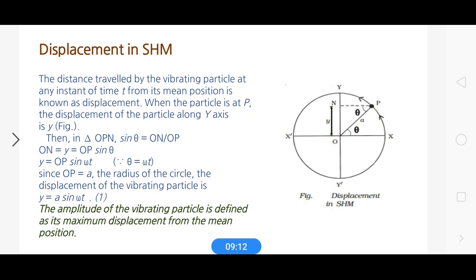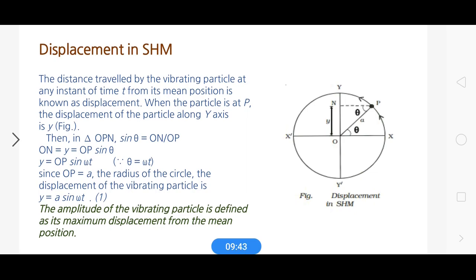Here ON is y, the displacement from the mean position, and OP is the radius of the circle, that is A. So y is equal to OP sine theta, nothing but y is equal to A sine theta.